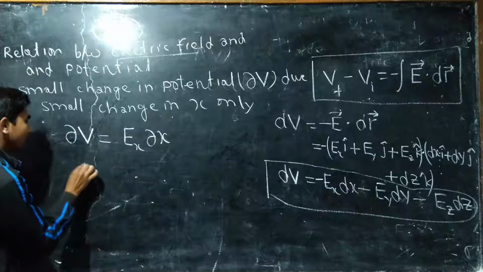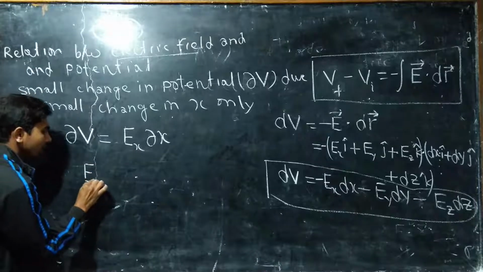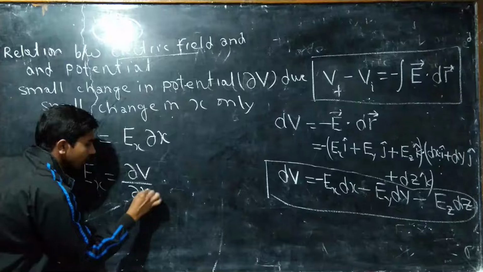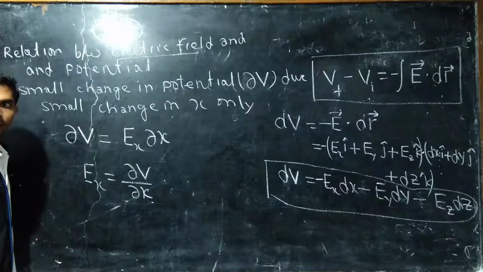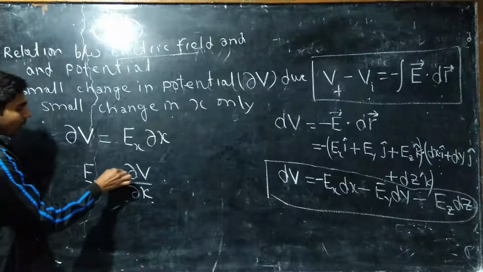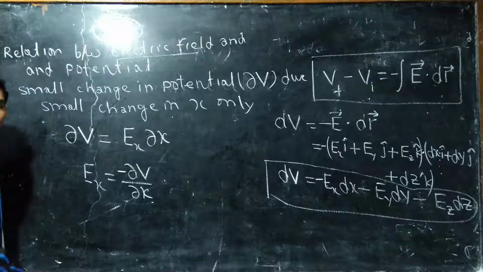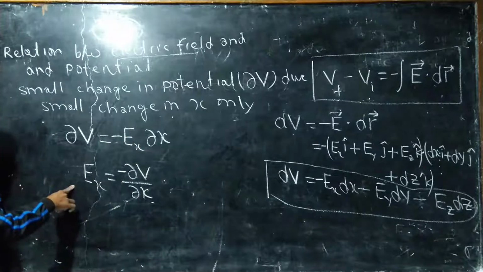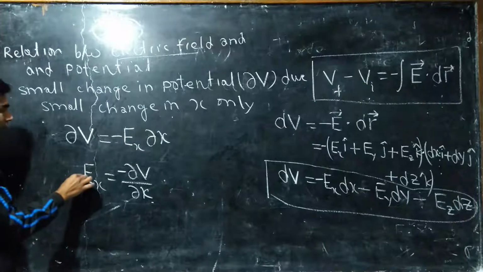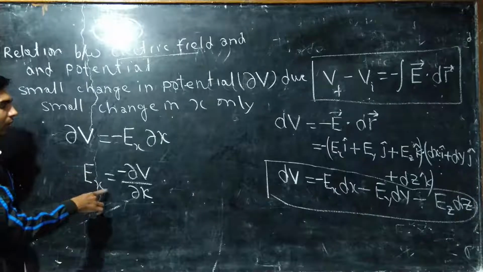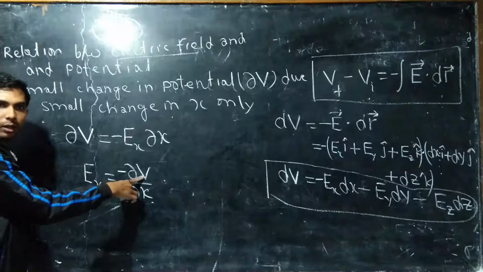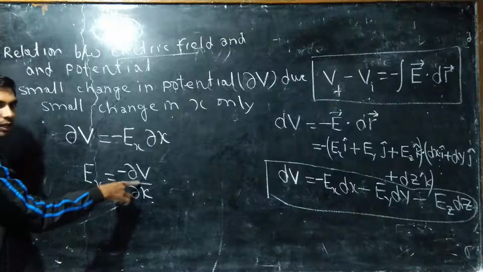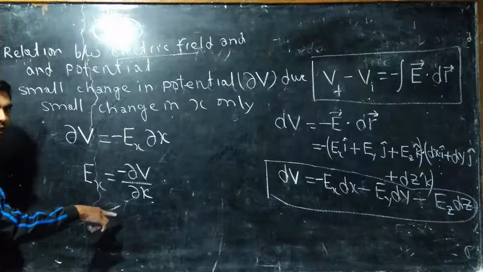So from here Ex is equal to minus del V by del x, with one minus sign here. So you are able to find the electric field if potential is given, by differentiating it.